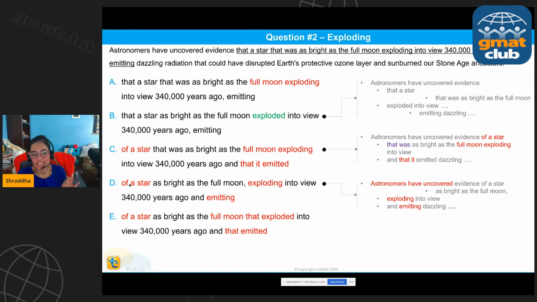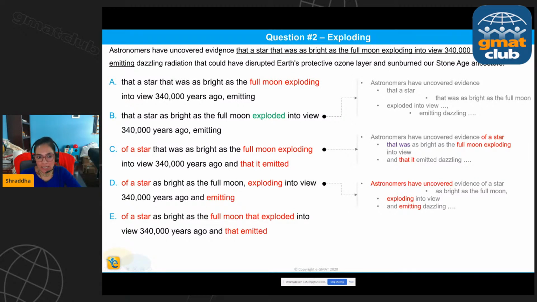Okay. Choice D repeats the same error. We don't want of a star in this sentence. As bright as the full moon, exploding into view. Frankly, exploding into view is again talking about full moon, because we do not have any action in the sentence. However, there is another way of looking at this. Because we don't have any action in the underlined portion of the sentence, if we go back in the sentence, what do we have here?